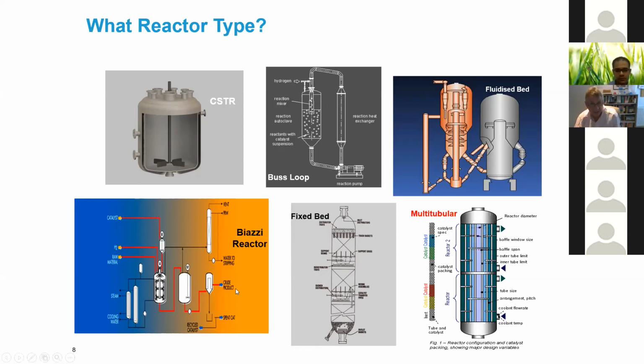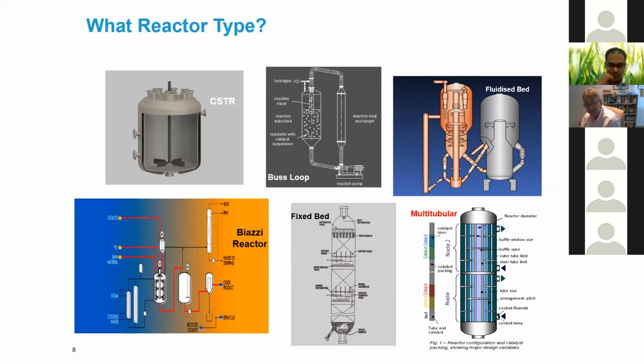This company in Italy, Biazzi, developed, well, I don't want to say a cheaper version, but let's say a surprisingly affordable version of the bus loop reactor. And nothing wrong with Biazzi reactors at all. They're very popular and very well designed, but they're not in the same league in terms of pricing as bus loop reactors.